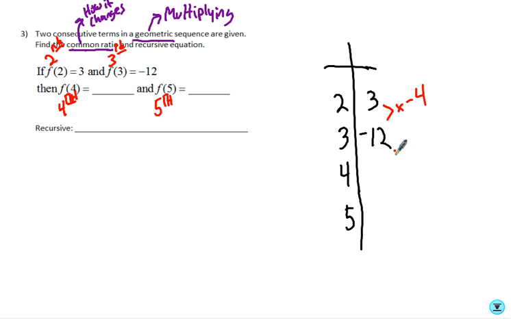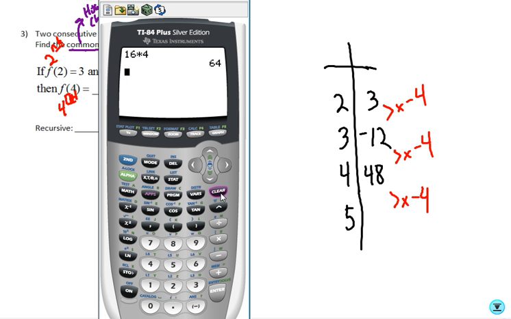And so if I'm going to multiply by -4 again, -12 times -4 would give me a positive 48. And then if I'm going to multiply by -4 again, 48 times -4, I won't try that mentally.